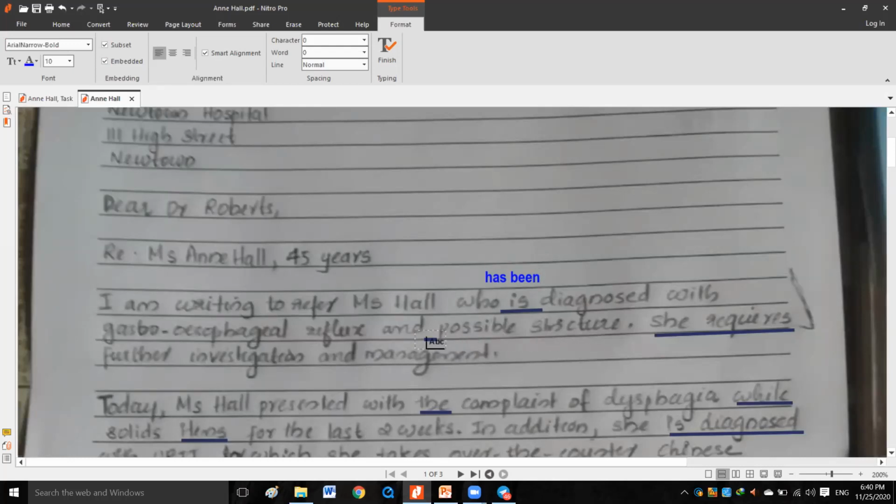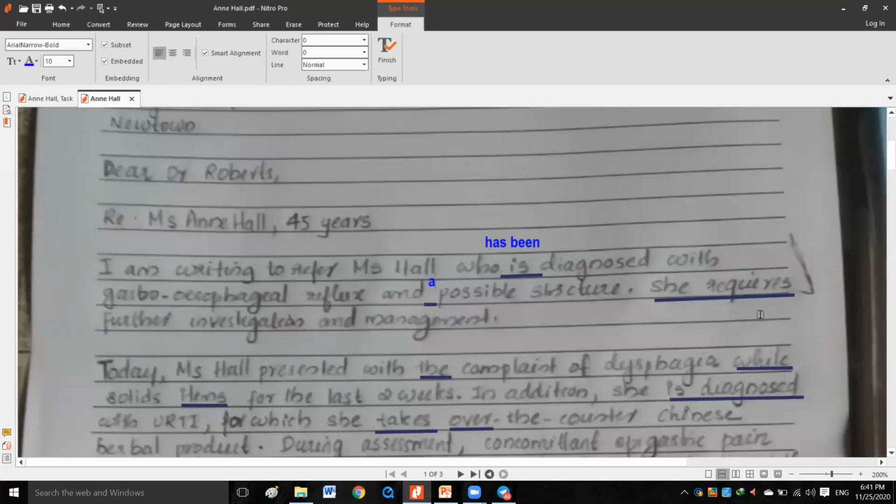Actually, I saw lots of mistakes regarding the word possible and the noun after, even in the corrected modules or letters. So you have to add this up, because possible is an adjective for structure, the noun, and structure is countable, so you have to add an article.